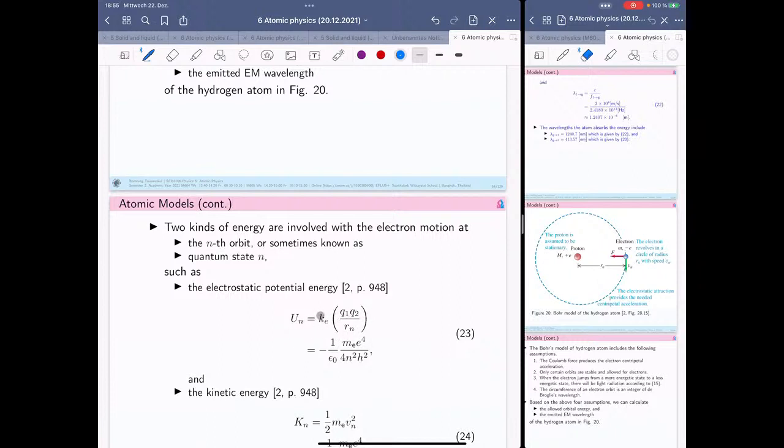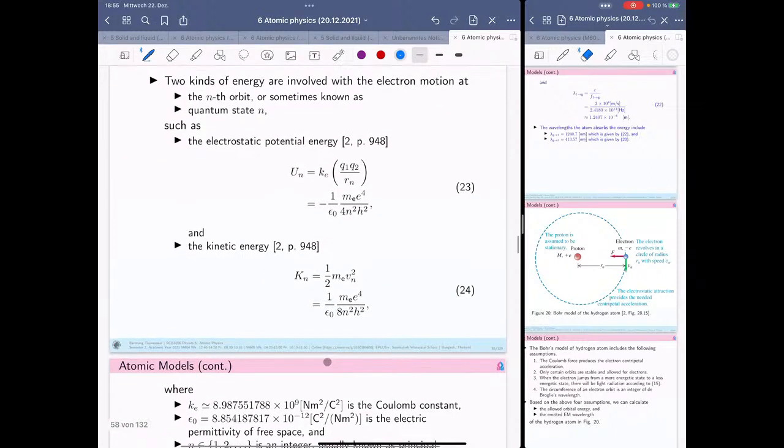You know that it's a constant from the Coulomb formula, K Q Q over R, right? With some derivation on page 948 in this book, you could get the final expression. Let's get into detail.